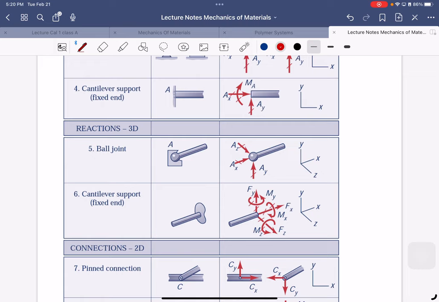Ball joint, it's like if you have a figure or maybe a Gundam. Usually they have something like this to put in their shoulder here, and they can move like this, right? So there's no moment. The difference between 3 dimensions and 2 dimensions is that in 3 dimensions, of course, we need to have another axis.